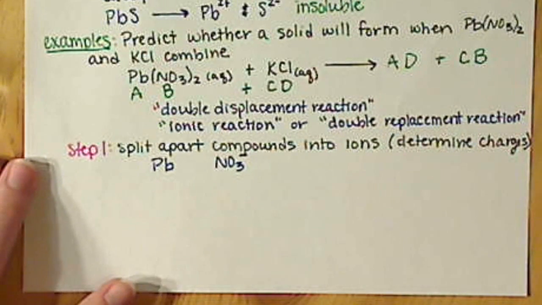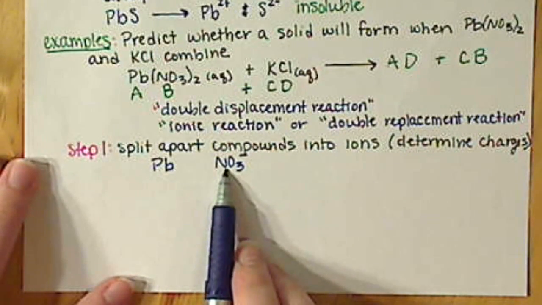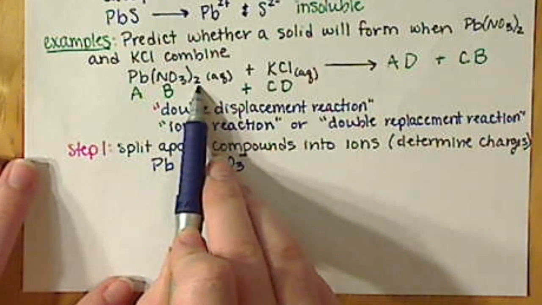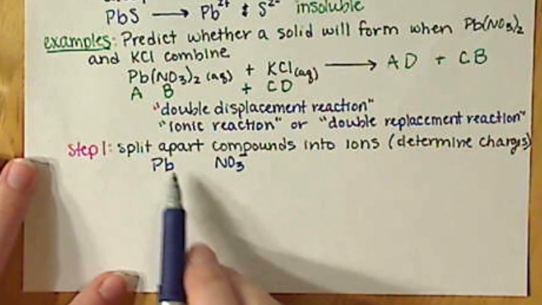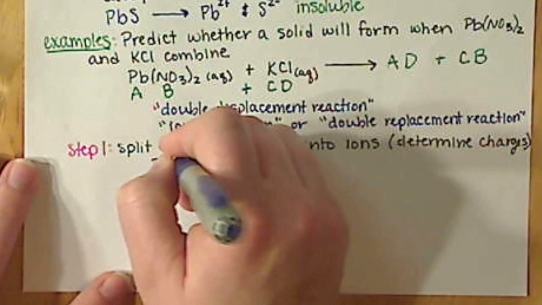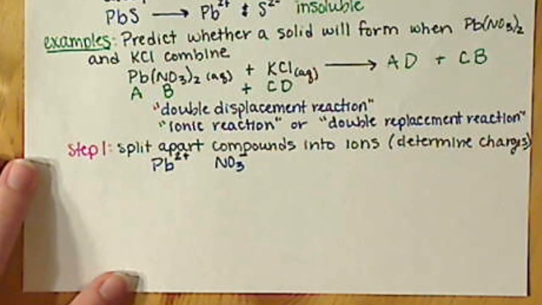You need to have those memorized, or you can also consult the solubility rules, which probably has the formulas and charges there. We have 2 nitrates in our formula with only 1 lead, so that means our lead has to have a 2+ charge.